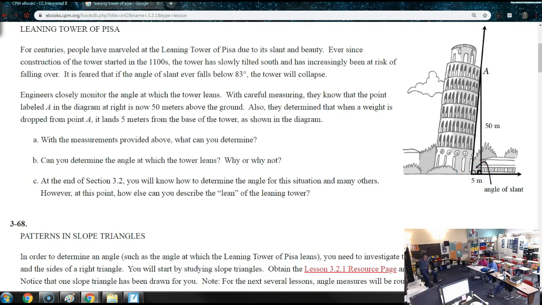And the tower, we know, is actually 50 meters vertically up, about 150 feet. So 50 meters, 5 meters.